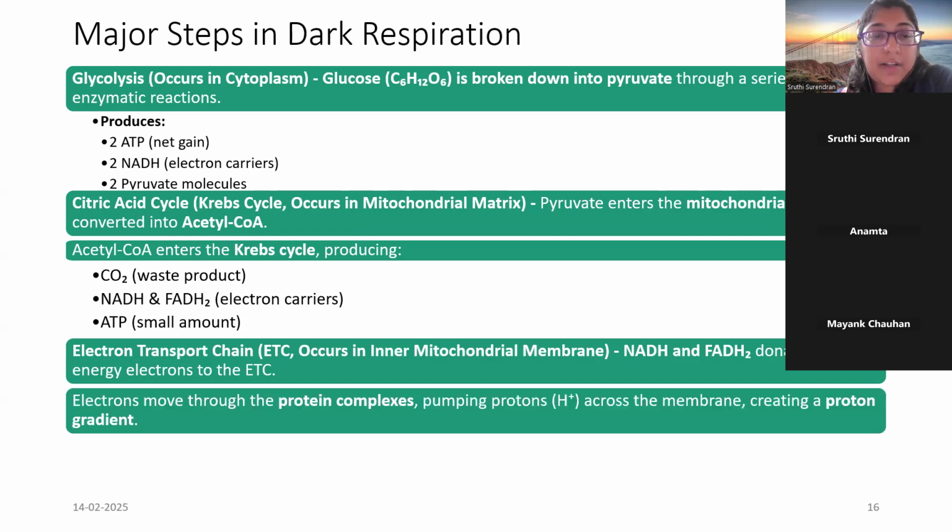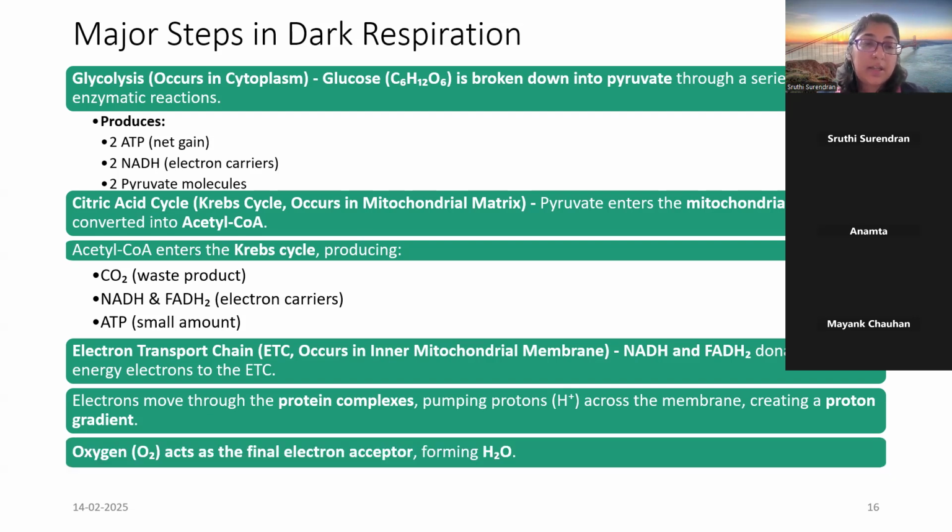And the electron transport chain is also occurring, which is helping in pumping the protons across the membrane to create a proton gradient, just similar to the electron transport chain in the light dependent reaction. So this is a very important kind of respiration, unlike photorespiration, which is providing around 38 energy molecules for the maintenance of the plant as well.